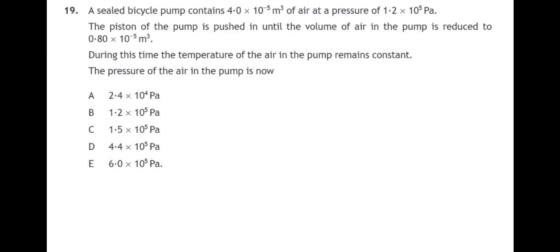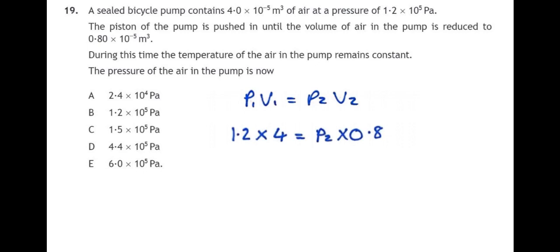So this is a Boyle's law question. P1V1 equals P2V2. We have the initial pressure, we have the initial volume. So I've decided to just bin the times 10 to the power minus 5 bit for the time being because both the volumes and the initial pressure are all in units of times 10 to the power 5.